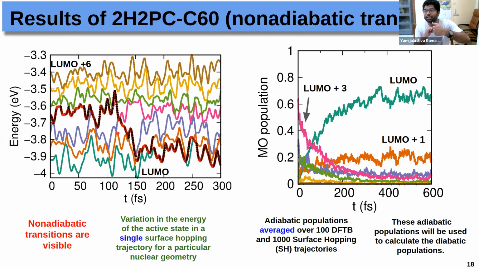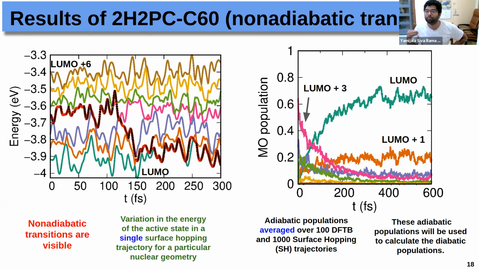These are the places where this transition can occur very easily, and where the non-adiabatic coupling vector will also be very high, which means the electron can easily jump from one potential energy surface to the other. This red curve that you are seeing corresponds to the non-adiabatic transition, that is, the transition from one electronic state to another electronic state for a specific FSSH trajectory.